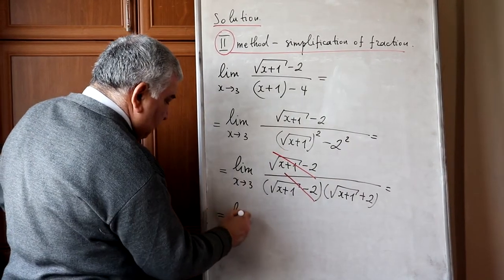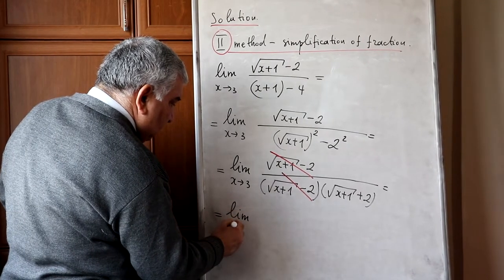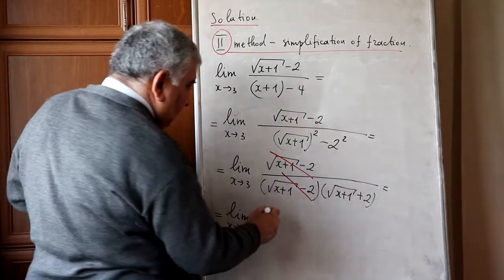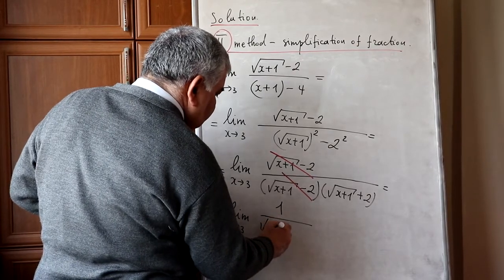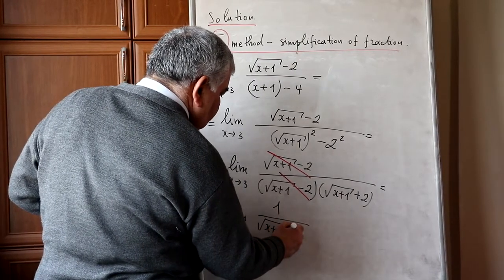Equals limit when x tends to 3 of 1 over square root of x plus 1 plus 2.